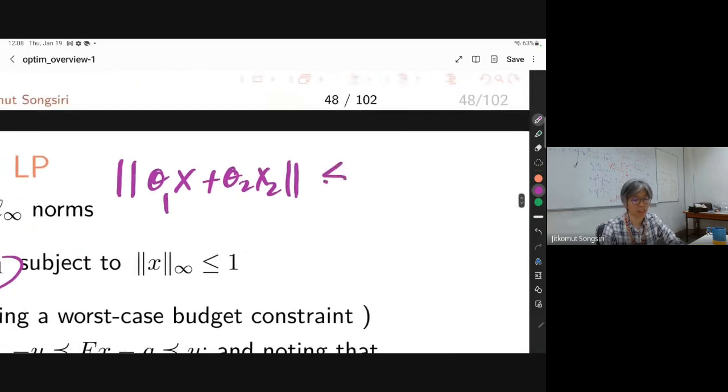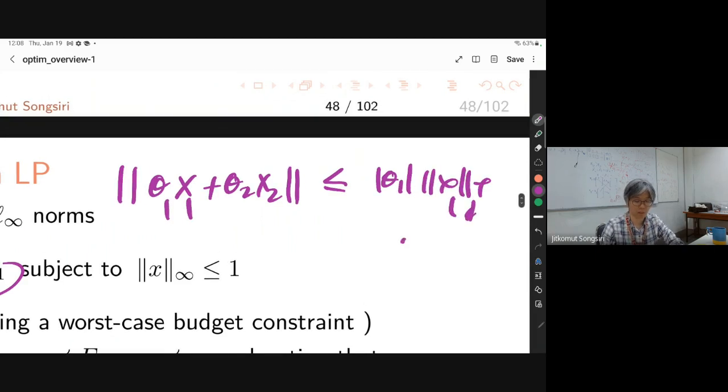What do we have? Any kind of norm would satisfy this with alpha 1 x1 plus the absolute value of alpha 2 x2, right? So it cannot be linear, because in order for it to be linear, these would need to hold with equality. So any norm, the one norm, p norm, infinity norm, is not a linear function.